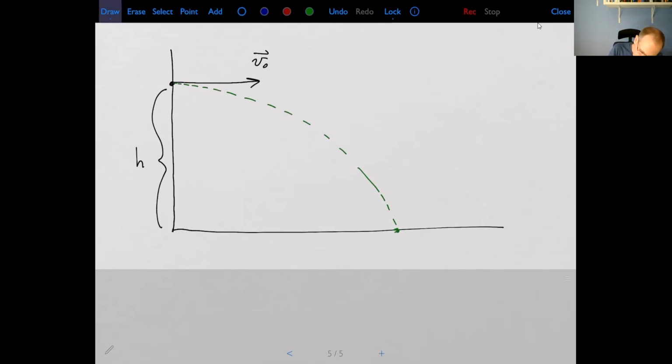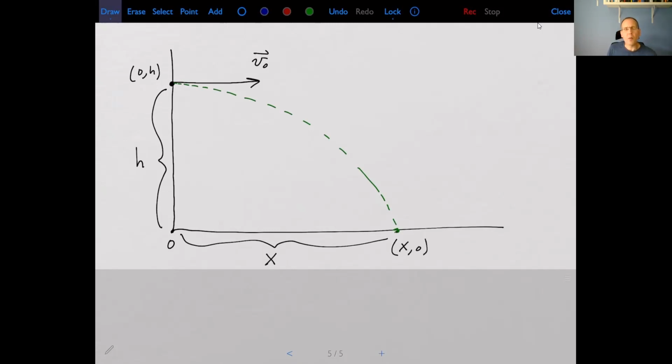So the coordinates of this point right here would be, let's say this is 0 in the x direction, so 0 comma h, right where it's launched. And this point right here, this is a horizontal displacement. I'm going to call it x. I think I use x in my handout. So this is x comma 0.